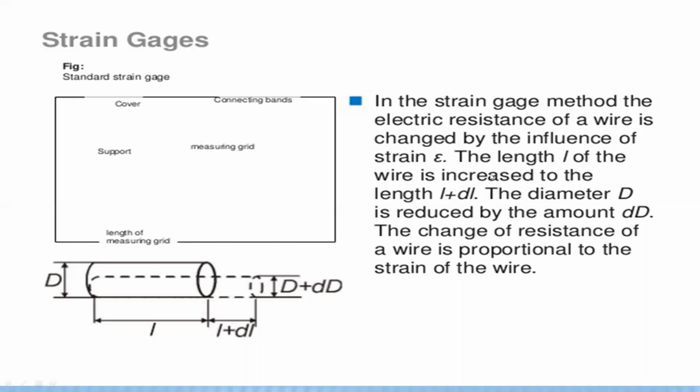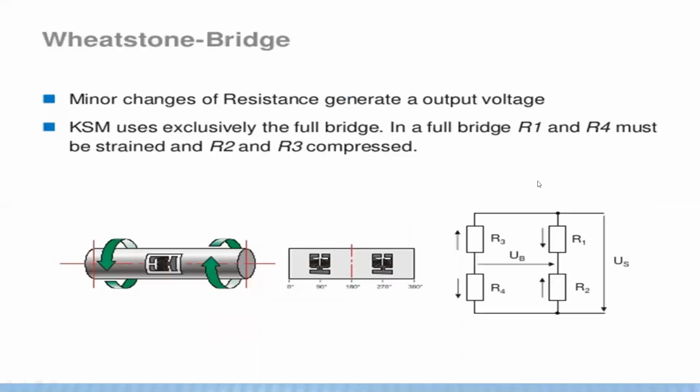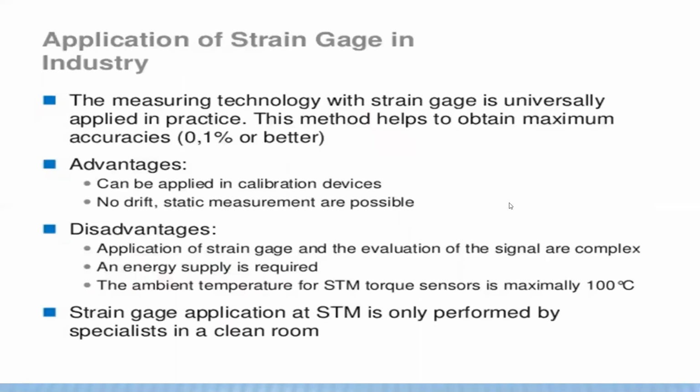The change of resistance of a wire is proportional to the strain of the wire. So how should we calculate that change in resistance? By using a Wheatstone bridge circuit. Okay, so what are the applications of strain gauges in industry? If the measuring technology with strain gauge is universally applied in practice, the method helps to obtain maximum accuracies.